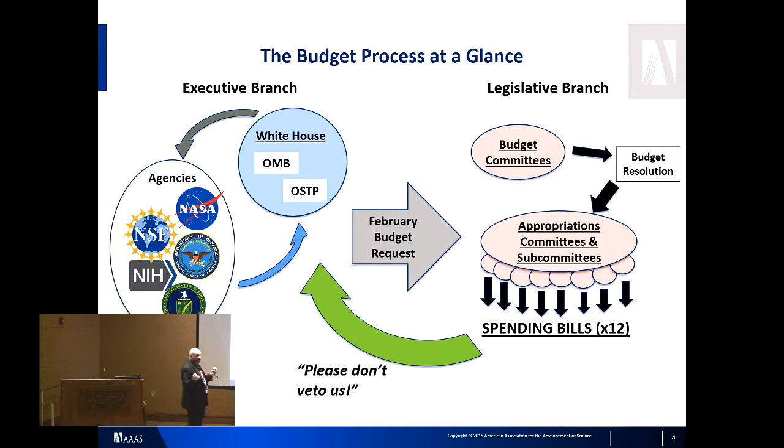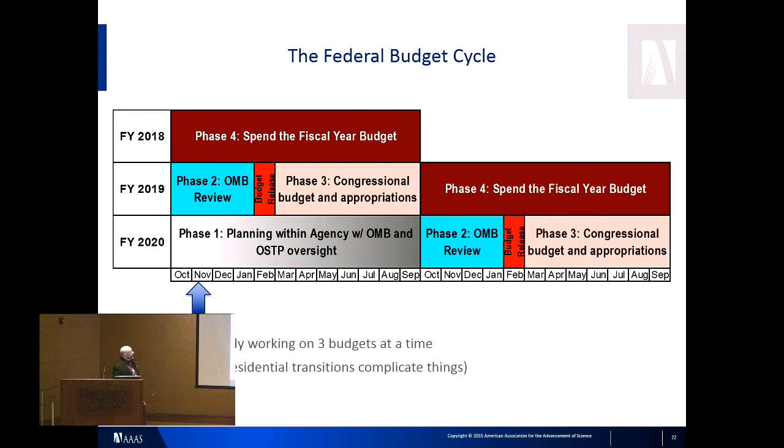Eventually, you've got two different versions of each spending bill. A conference committee is formed to resolve the differences between the two versions, and that produces a final bill that goes to the president's desk for a signature, although he can veto those bills if he so chooses. And that's got to be done by October 1st.